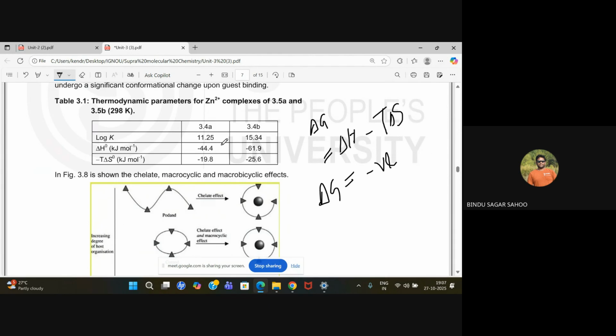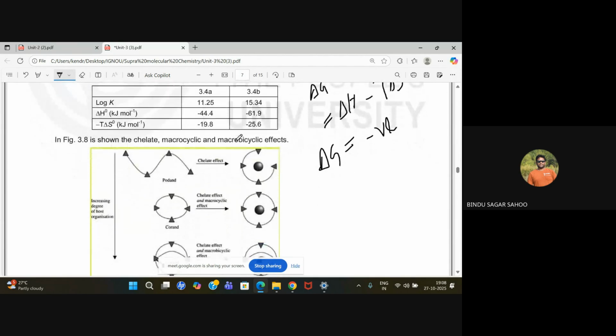But by comparing the simple ΔS values, we can see that for the macrocyclic effect the enthalpy will be more negative. If ΔH is more negative, ΔG will be more negative, so this reaction will be more feasible. So this is a comparison between the acyclic and macrocyclic complex, not a macrobicyclic complex.